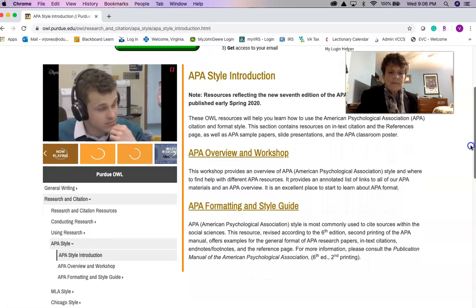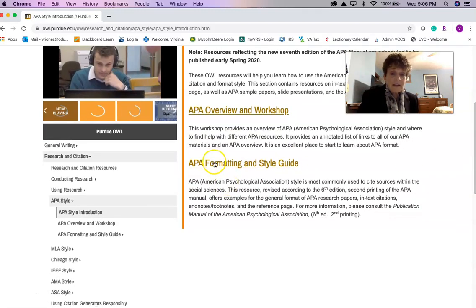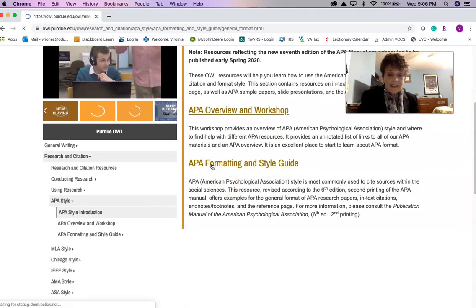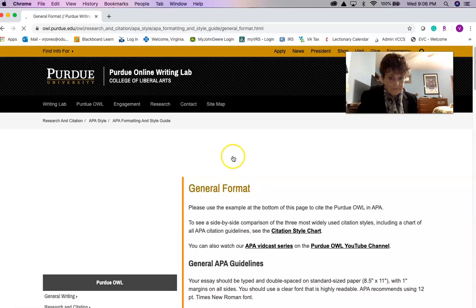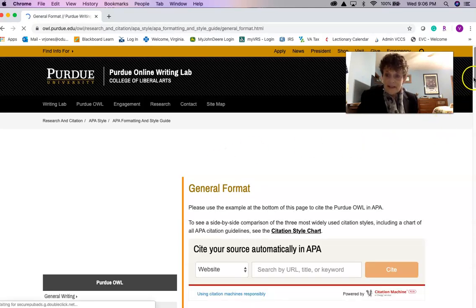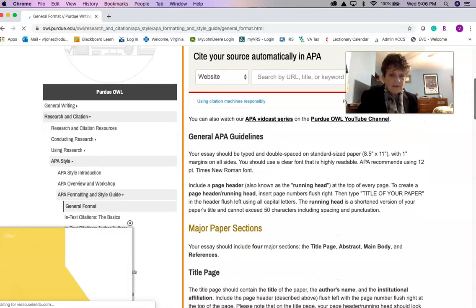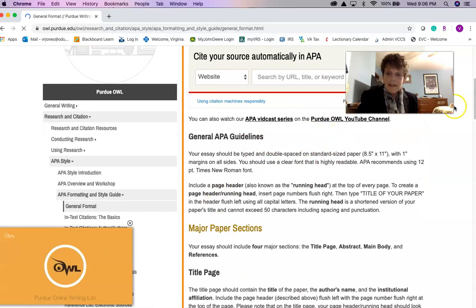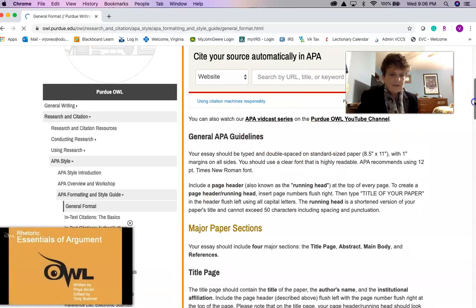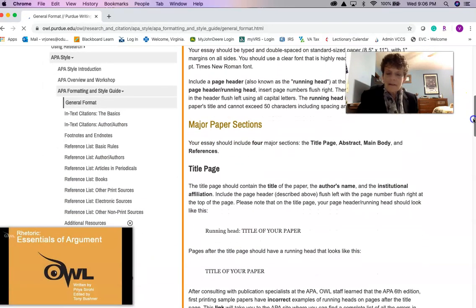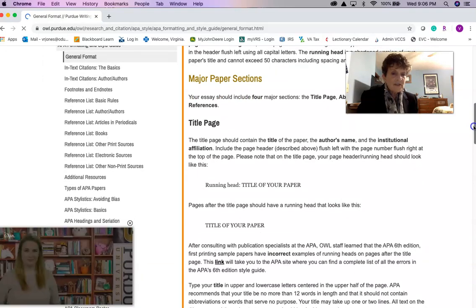When I go to this web page, this is where I always go right here to the formatting and style guide. And because it has this wonderful little search right here, you can search through this way, and it gives you step by step how everything should be on your pages.